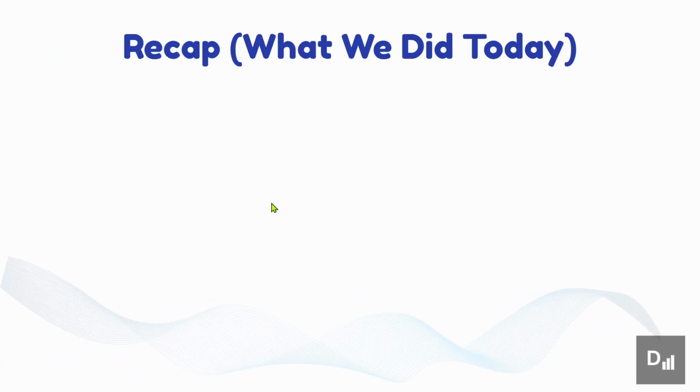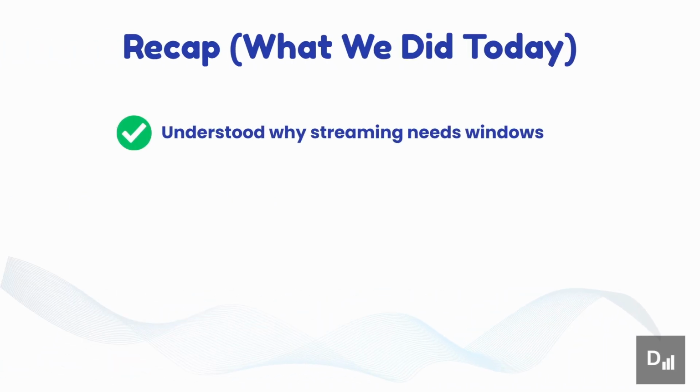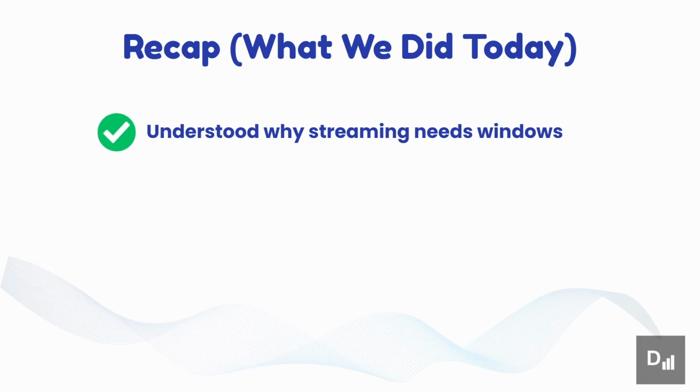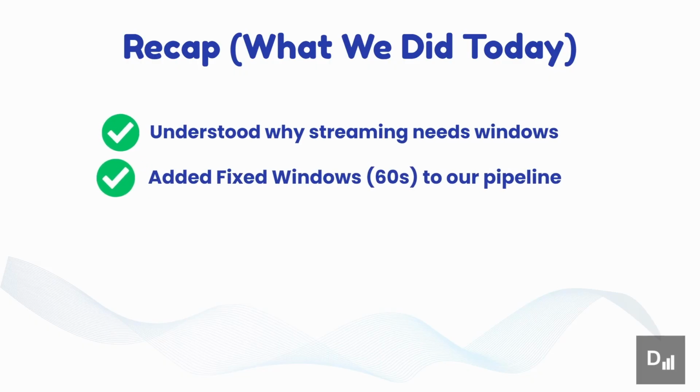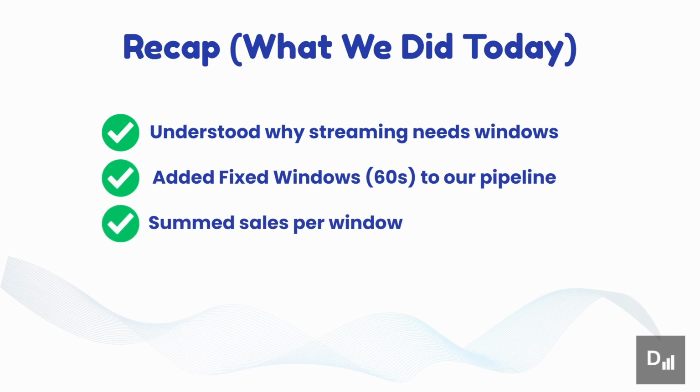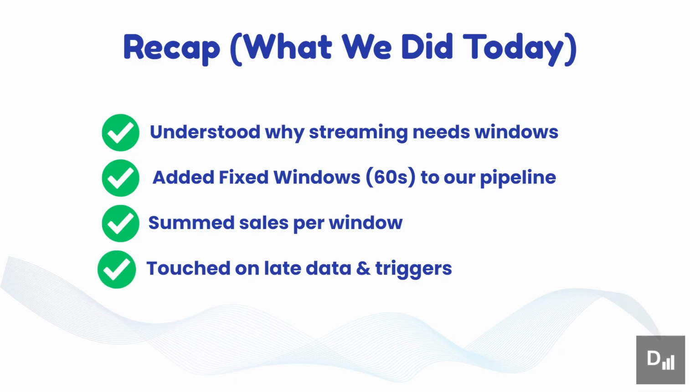Let's recap what we did today. We learned why streaming data needs windows. We added fixed 60-second windows to our pipeline. Then we calculated the total sales for each window. We saw the results in BigQuery. We also learned the basics of triggers and late data.